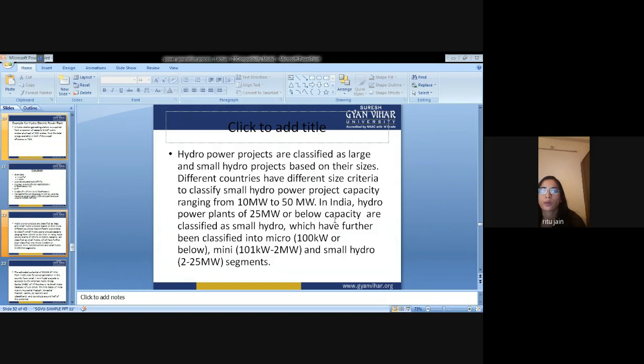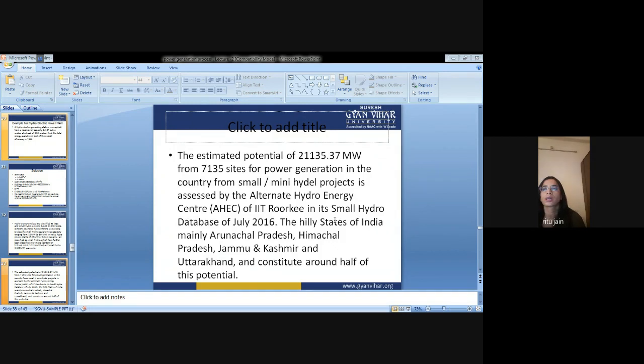The small hydro range is 10 megawatt to 50 megawatt in India. In other countries, it may differ. The estimated potential of 21,135.37 megawatt from 7,135 sites for power generation in the country from small or mini hydro projects was assessed by the Alternative Hydro Energy Center of IIT Roorkee in its small hydro database of July 2016.